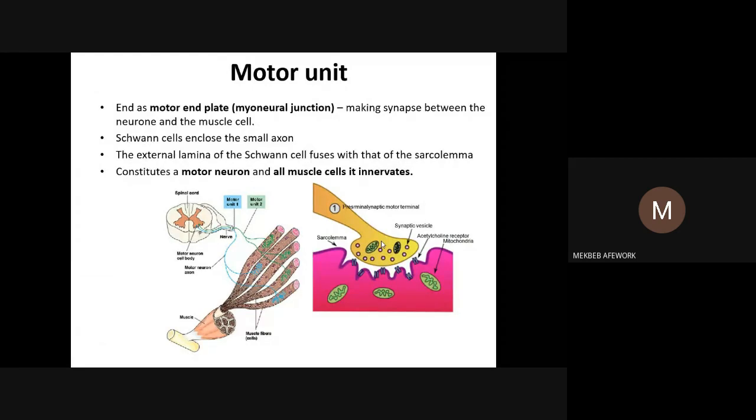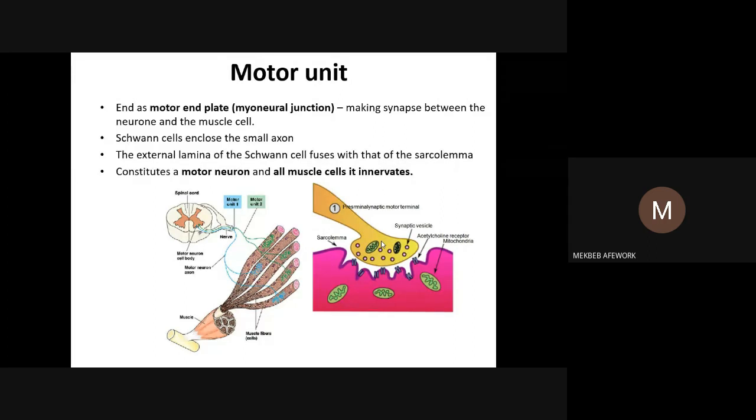But in some other cases, the muscles can be regulated as a bulk. Maybe they don't require to be regulated very carefully. So in this type of case, one nerve can innervate a large number of muscles. So it depends on their importance.